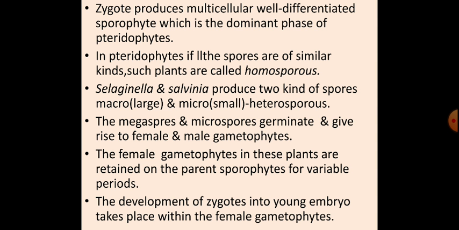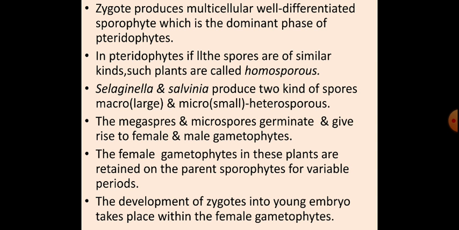If the spores produced are of the same kind, they are called homospores. If the spores are of two different kinds, some large macrospores and some microspores, they are called heterospores. Keep it in mind. Same means homo, different means hetero.